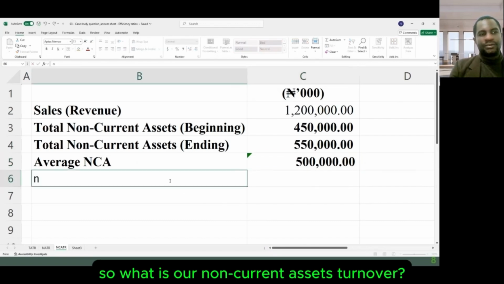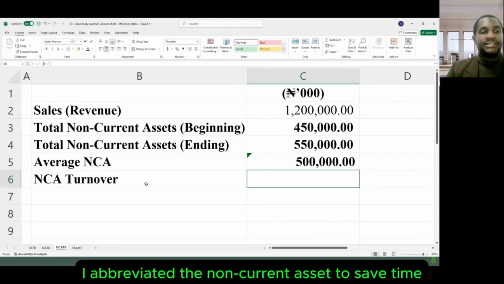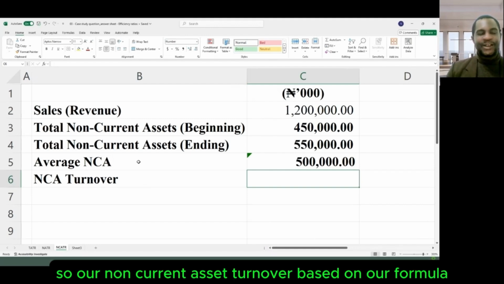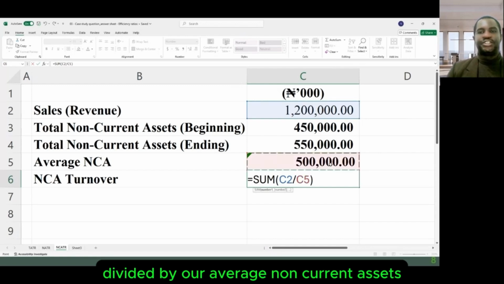So what is our non-current asset turnover? I abbreviated the non-current asset to save time. All right. So our non-current asset turnover based on our formula states that we have our sales revenue divided by our average non-current assets.